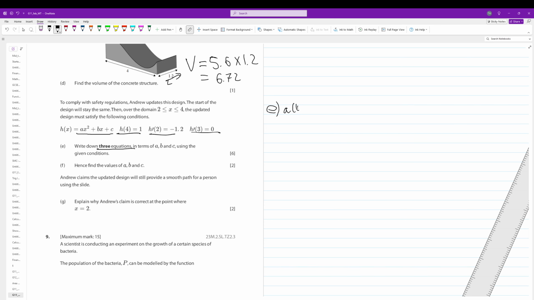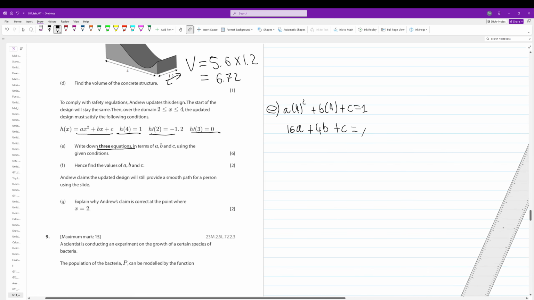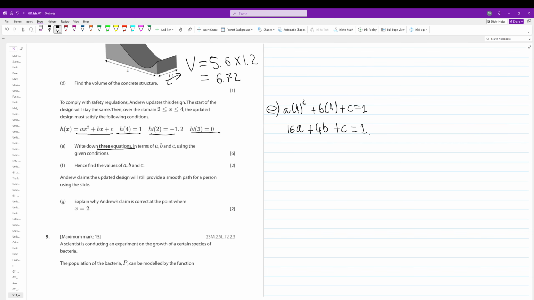So a times 4 squared plus b times 4 add c is equal to 1. So 16a plus 4b add c is equal to 1. Cool.